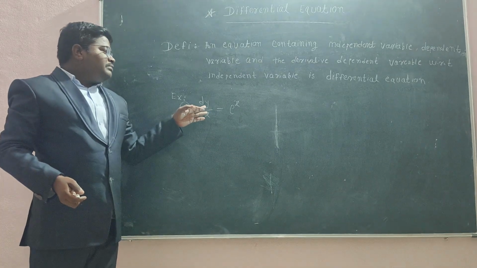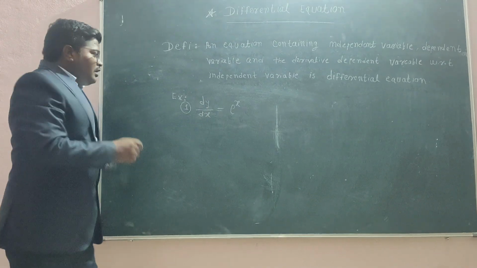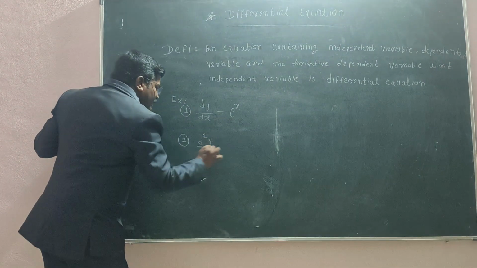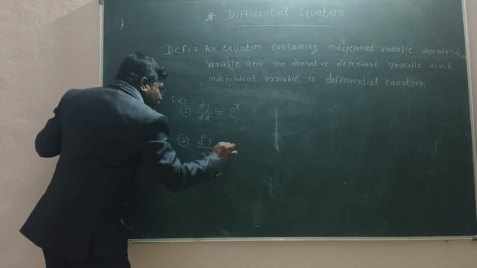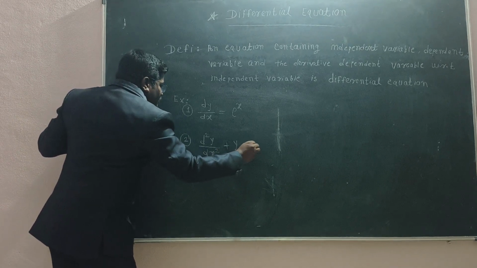Here y is a dependent variable and x is an independent variable. Now the second example: d square y by dx square plus y is equal to 0.